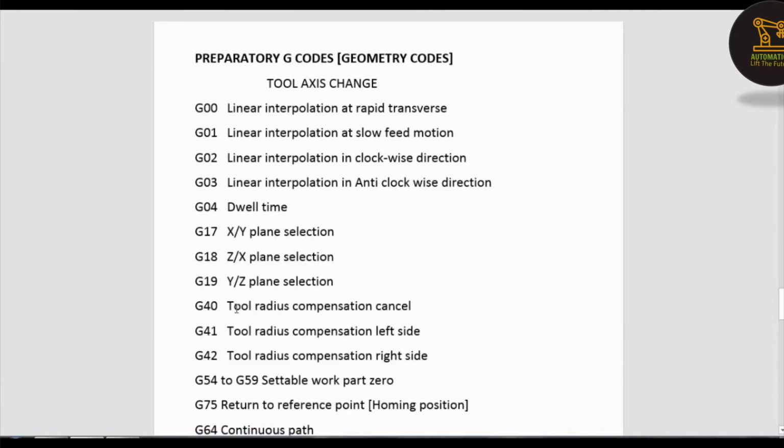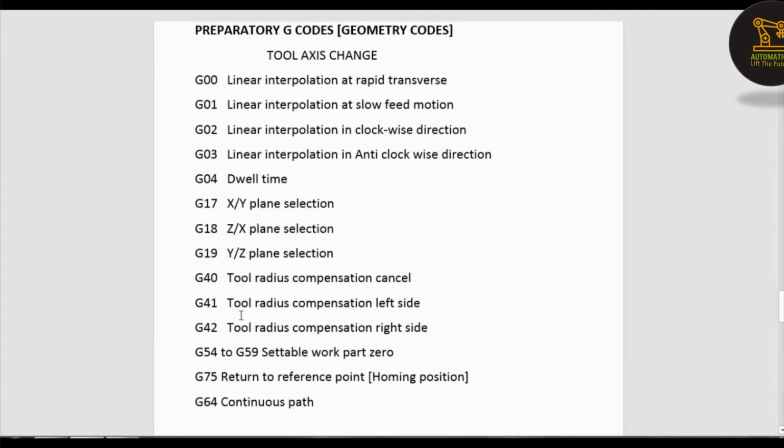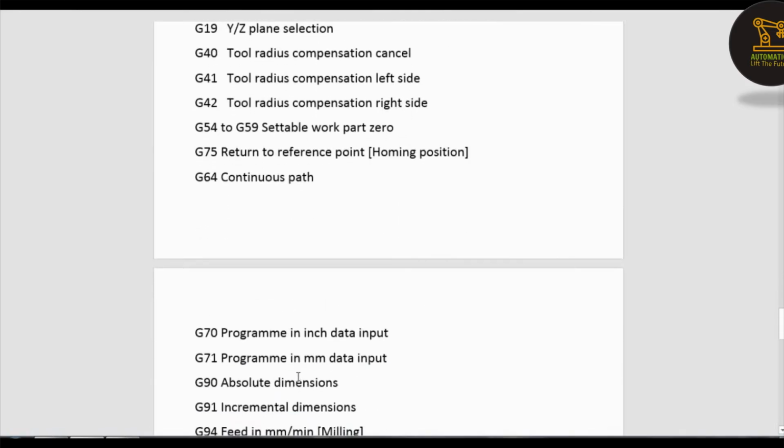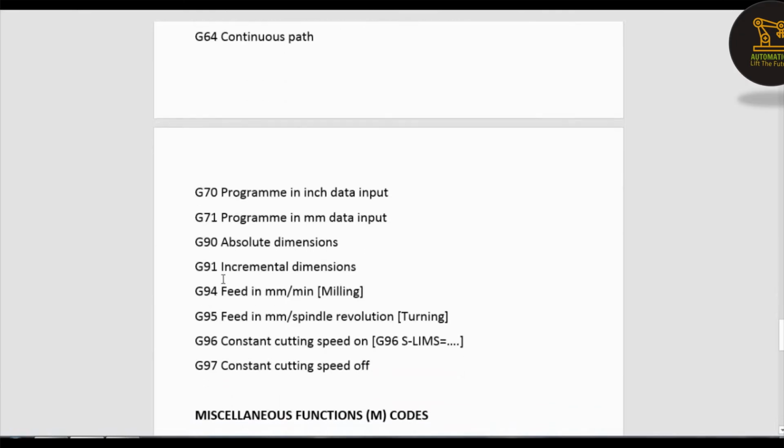G40, tool radius compensation cancel. G41, tool radius compensation left side. G42, tool radius compensation right side. G54 to 59, settable work offset. G75, use it to return to the reference point, homing position. G64, continuous path. G70, programming inch data input.